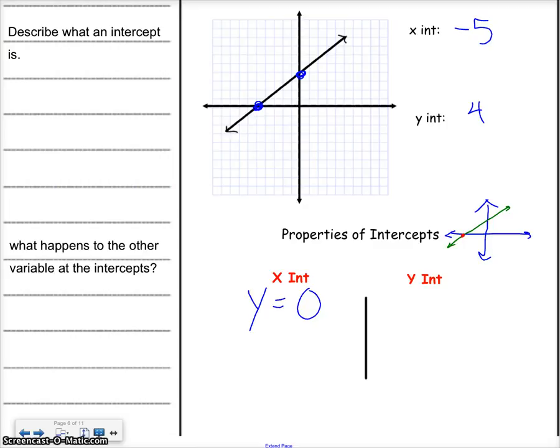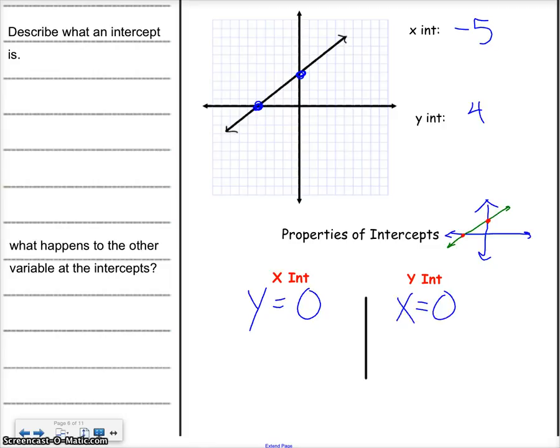Okay? Let's look at my y-intercept. So I went up. Did I go left or right anywhere? No. So what is my x value at the y-intercept? X is 0.